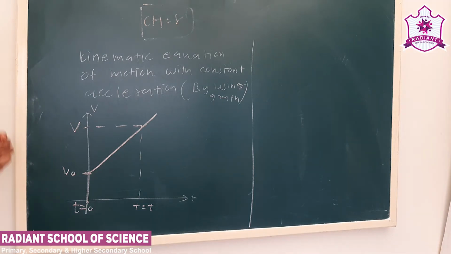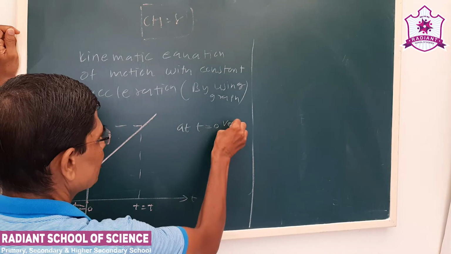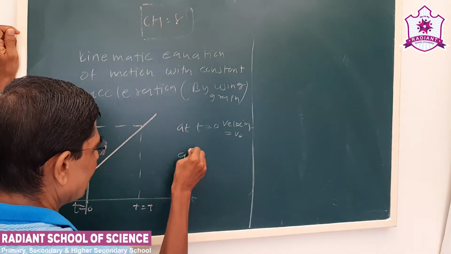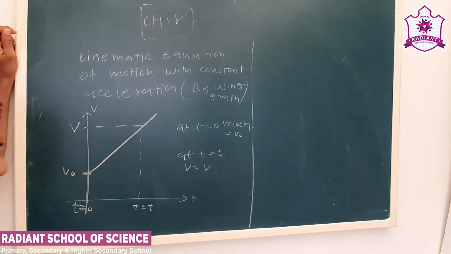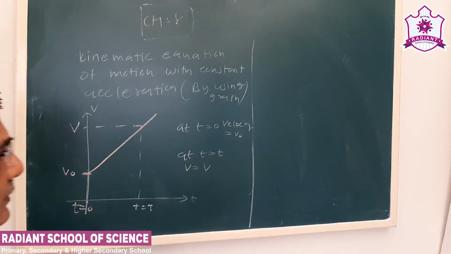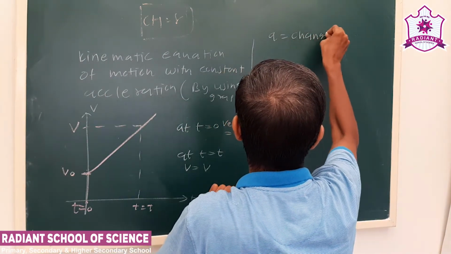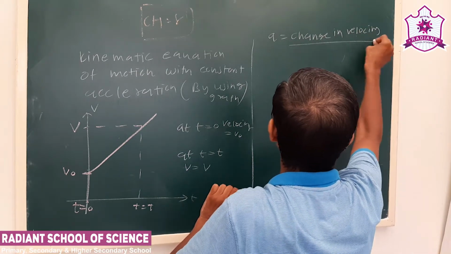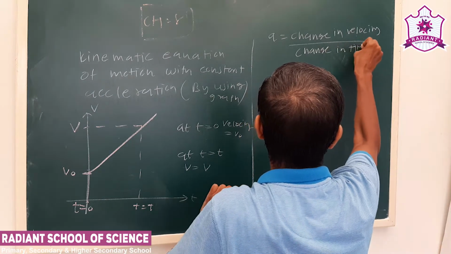Now at t is equal to 0, velocity is v0. At time t is equal to t, velocity is v, that is final velocity. Now by definition, acceleration is change in velocity upon change in time.